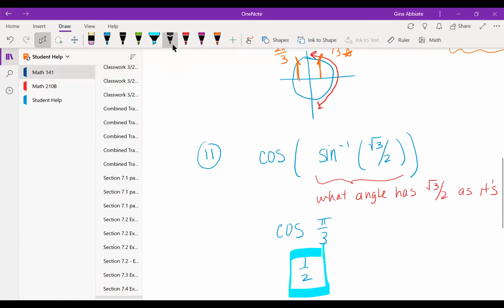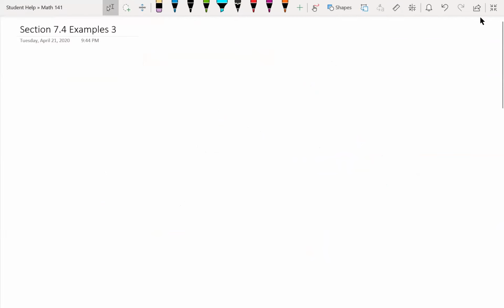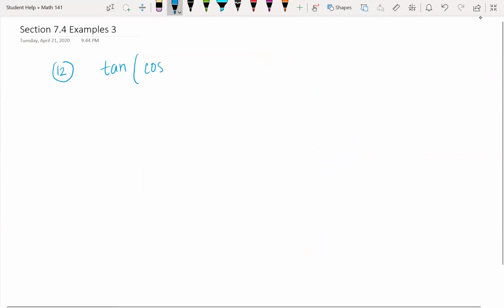The next couple of examples are ones that we have to do by drawing pictures, and the calculator won't help us in this particular regard. We want to find the tangent of cosine inverse of 3 over x.